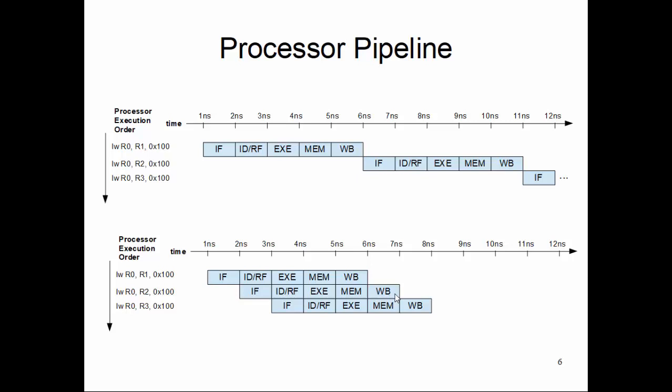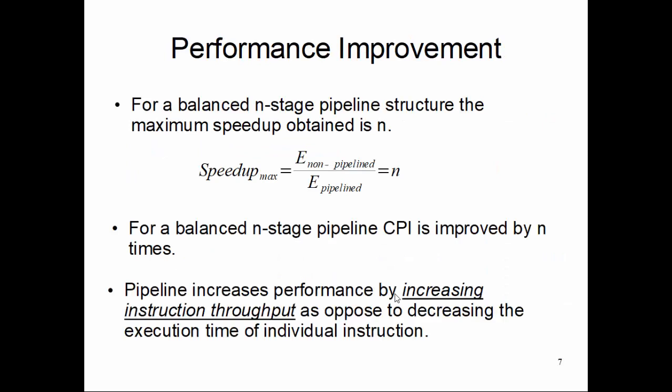It's still 5 cycles, but since we are overlapping those stages, we are increasing the throughput of the system. Pipelining increases performance by increasing instruction throughput as opposed to decreasing the execution time of the individual instruction.